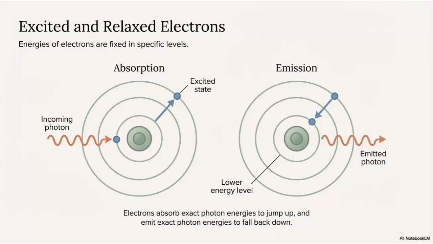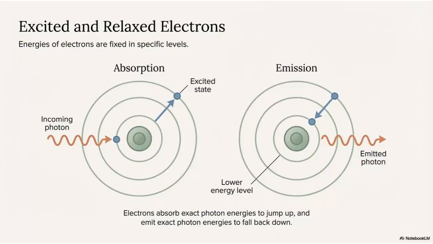So we have this incoming photon of energy. The electron gets hyper. It has too much energy now. So what is it going to do? It's going to jump up. It gets excited and jumps to a higher energy level.